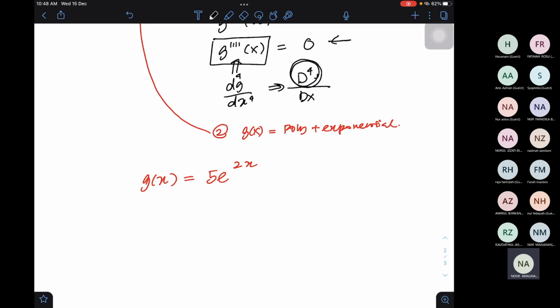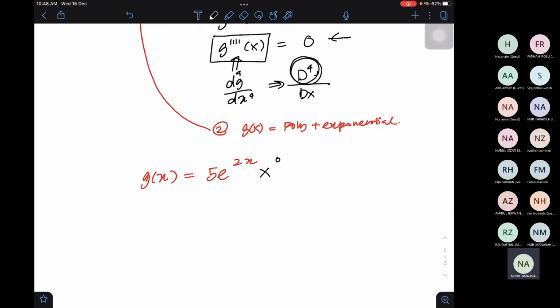If you cannot see the polynomial in your g(x), it is actually there, but x is to the power of zero. When x is to the power of zero, we do not see it because its value is equal to 1, so we do not write it. That's why you only have your exponent. So every time we use the annihilator approach and you see your g(x) in the form of an exponent, you need to assume that you also have the polynomial together with it.